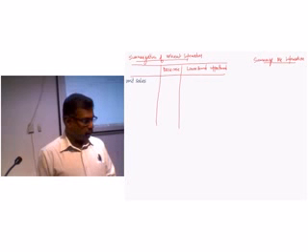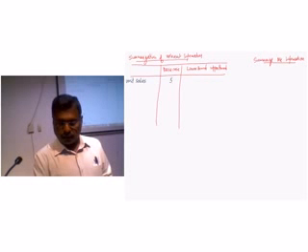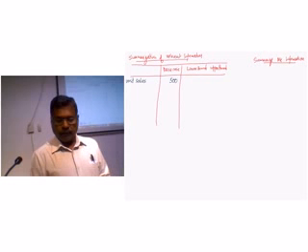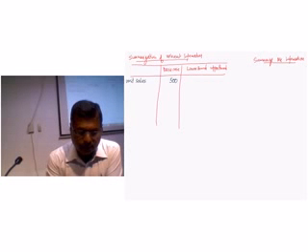We need to write first of all unit sales, then price per unit, then variable cost per unit, then fixed cost per year.